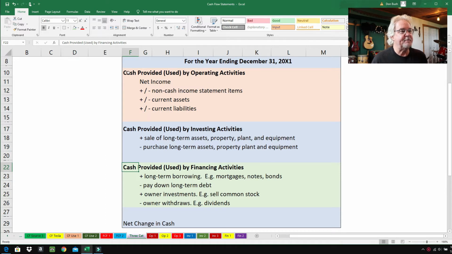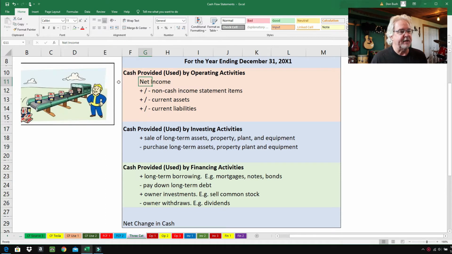So cash provided by operating activities. Now we start out with net income, and I hope you know by now, studying accounting, that net income is done on the accrual basis. It's not done on a cash basis. So we recognize revenue when we have earned the money, when we've done our job, and we're trying to match revenue and expenses together, so it's not on a cash basis. So what we do is we start out with net income, even though it's on an accrual basis, and we add and subtract non-cash income statement items.